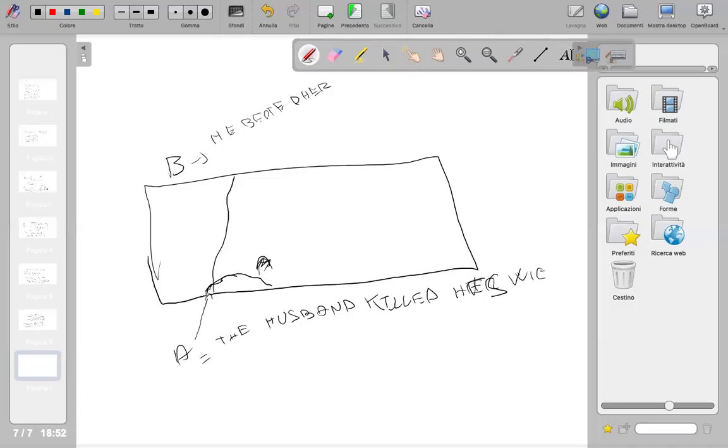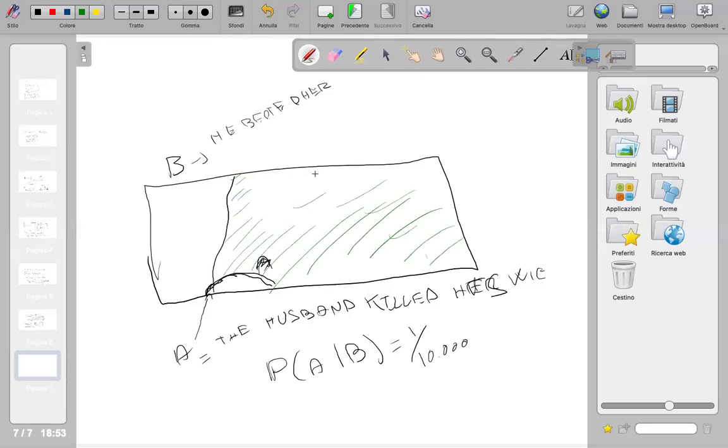It tells you that if we consider only B, A is a really small portion of B, this one. So if we forget about this part.